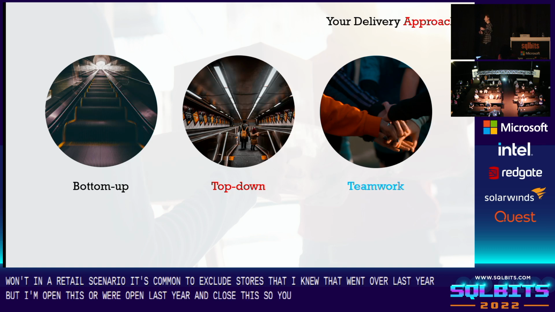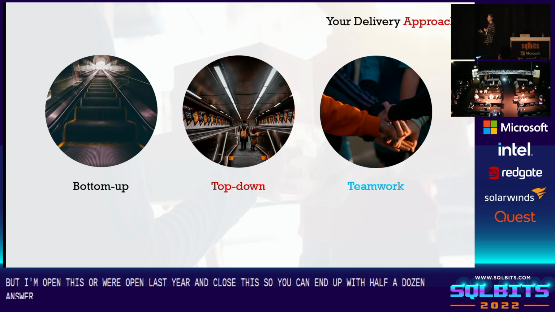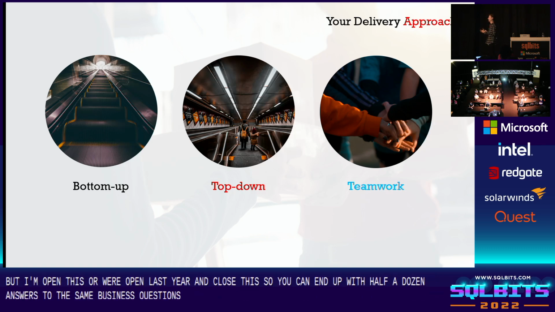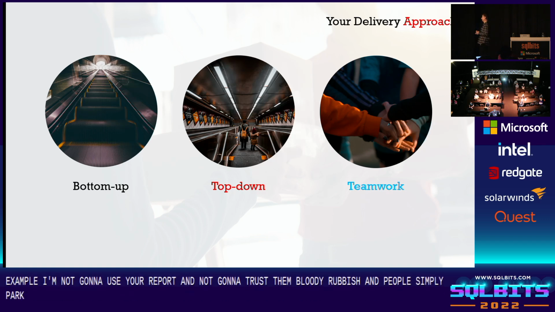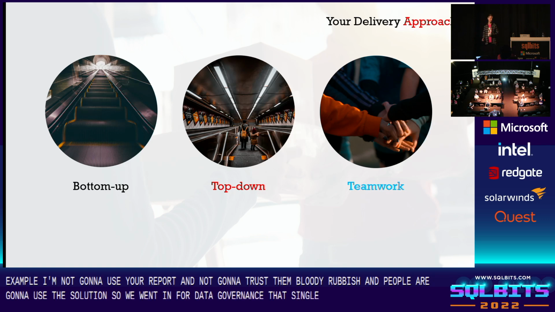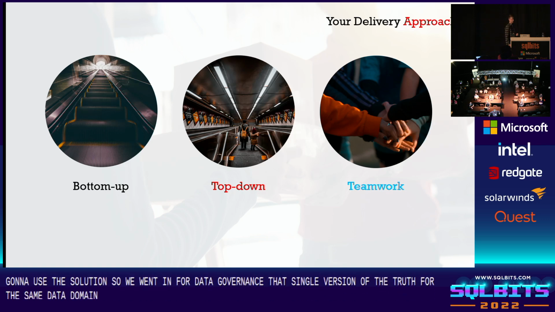So you're going to end up with half a dozen answers to the same business question, sales year-on-year. In that scenario, finance people, for example, are not going to use your reports. They're not going to trust them. They'll say the Power BI is a load of rubbish, and people simply aren't going to use the solution. So we want to aim for data governance, that single version of the truth for the same data domain.